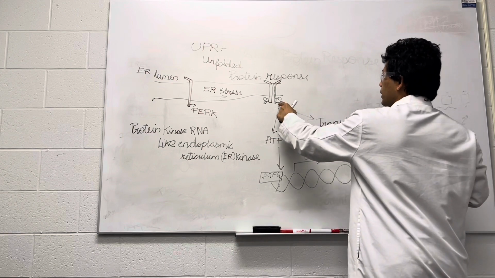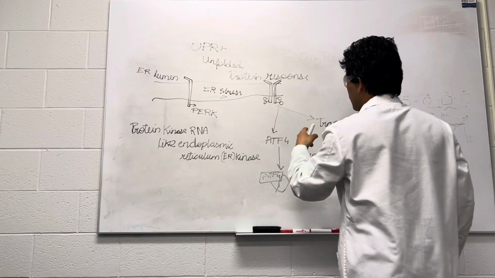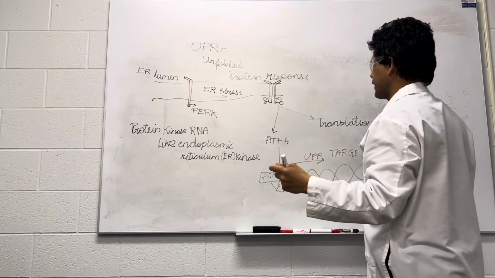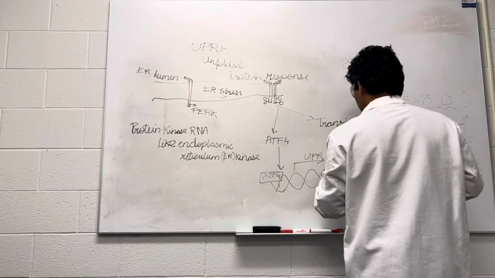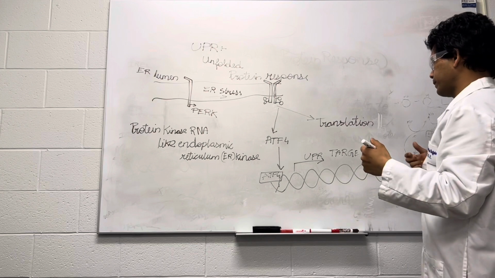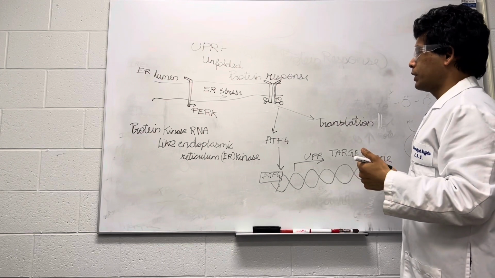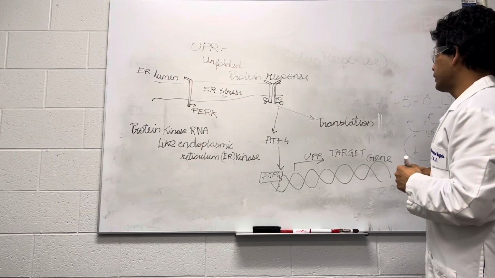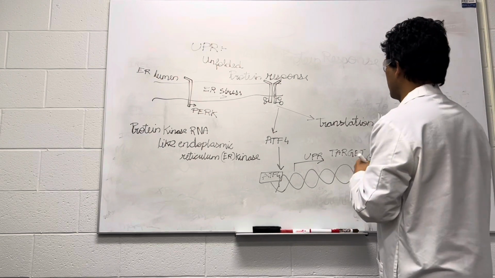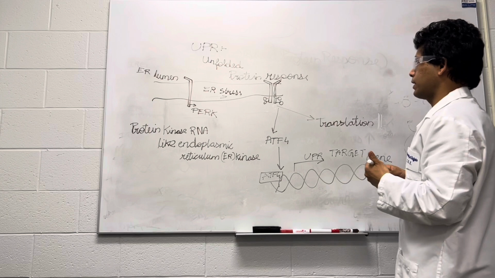Phosphorylation of this dimer will lead to two different signals. One will affect the translation, and another will affect the upregulation of certain specific proteins. So let us first discuss what it will do with the translation.